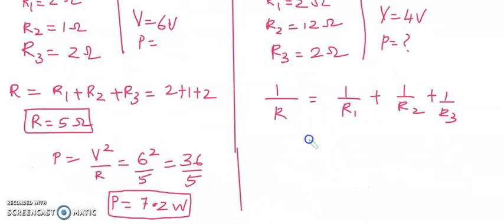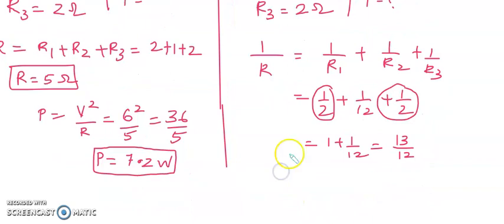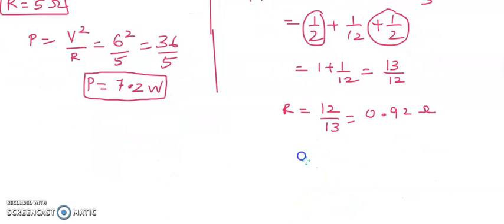That gives half plus 1 by 12 plus half. Half plus half becomes 1, so that is 1 plus 1 by 12, which is 13 by 12. So 1 upon R is 13 by 12, and R is the reciprocal, 12 by 13, which is approximately 0.92 ohms.